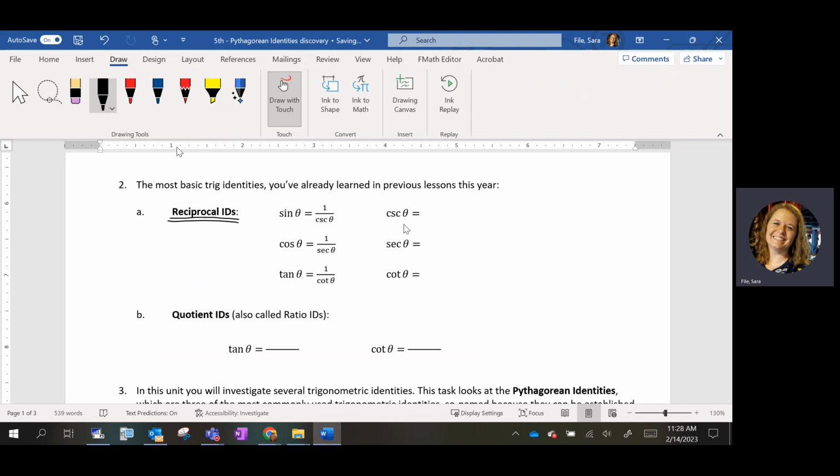So how could I write cosecant of theta equals 1 over sine of theta? Okay, cosine and secant are reciprocal trig functions. So if cosine is 1 over secant, secant is 1 over cosine.